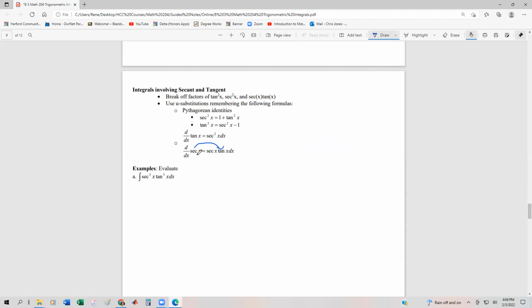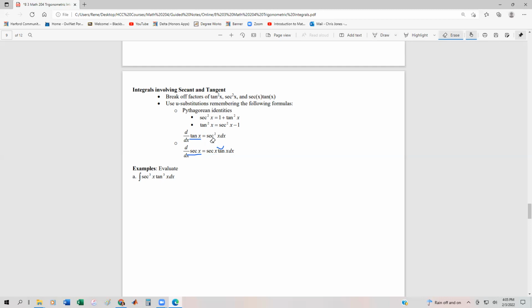If we can write the entire integral in terms of secant, save for one factor of secant tangent, then we can do a u-substitution. Similarly, if we can write the entire integrand in terms of tangent, save for one factor of secant squared, again we can use a u-substitution.